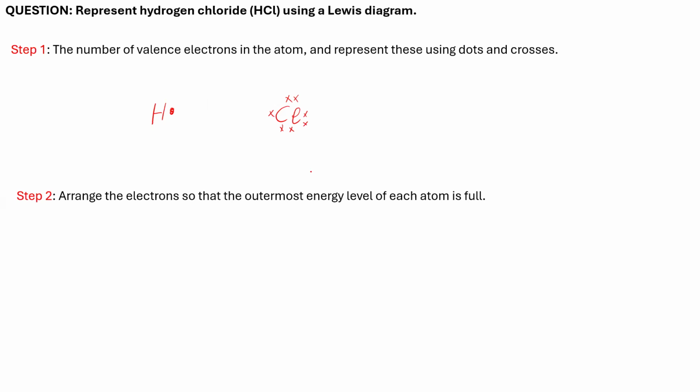Chlorine is the one that obeys the octet rule because it's supposed to be surrounded by 8 electrons. So now what you do is we can see that this hydrogen will share its electron with chlorine, and chlorine will also do the same, will share its 1 electron with hydrogen.